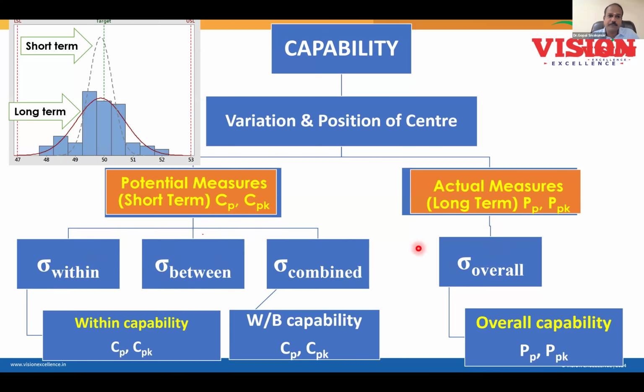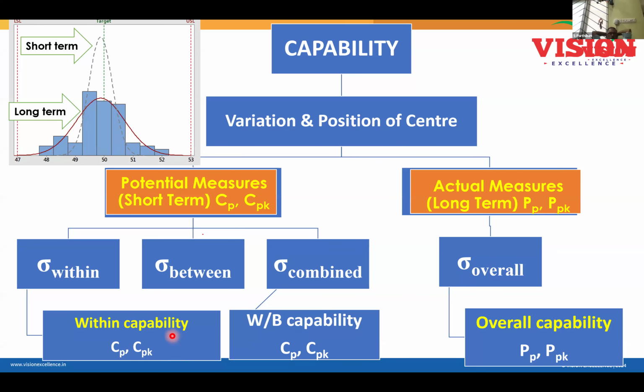Now, out of the 4, if you use within, you get within capability. If you use overall, you get overall capability. If you use between, you will get between capability. If you use combined, you are combining within and between. This is known as within-between capability. If you understand the meaning of each and everything, then you can try to use them in your workplace.